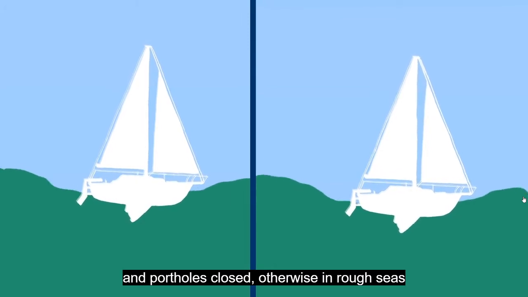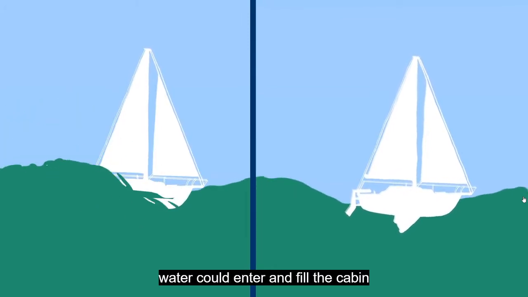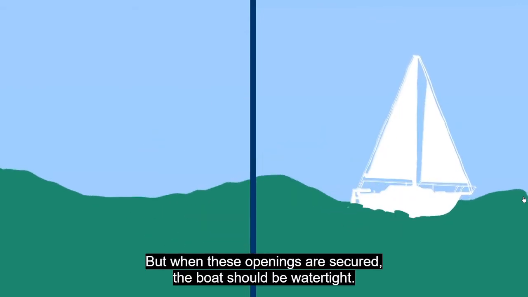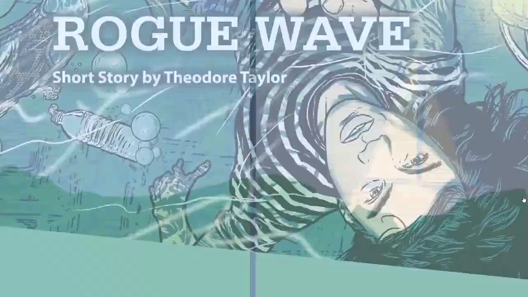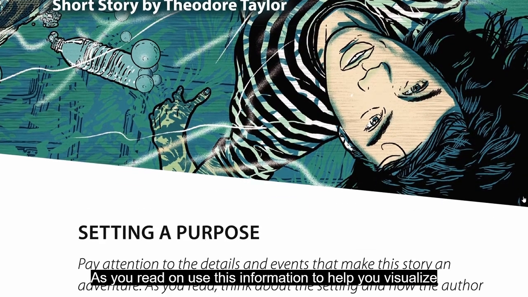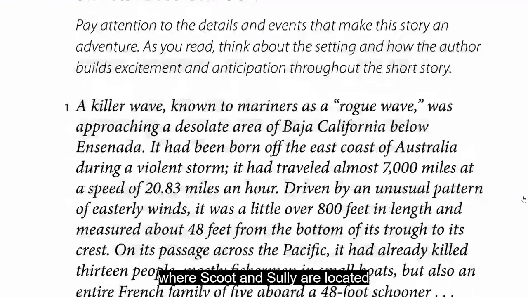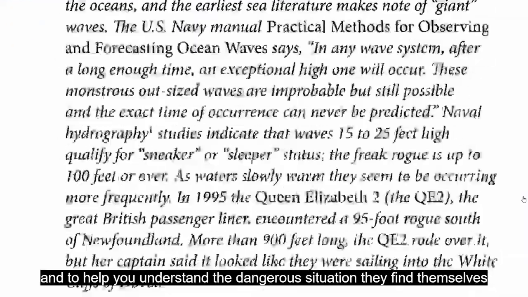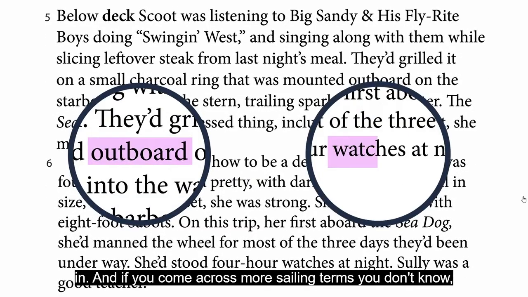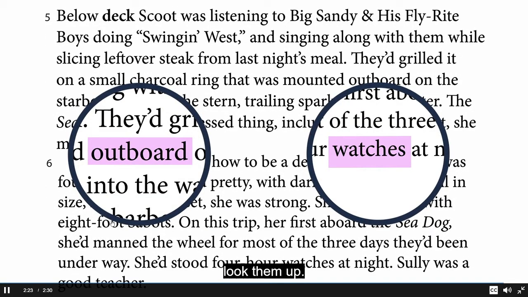Otherwise, in rough seas, water could enter and fill the cabin, and the boat might sink. But when these openings are secured, the boat should be watertight. As you read on, use this information to help you visualize where Scoot and Sully are located and to help you understand the dangerous situation they find themselves in. And if you come across more sailing terms you don't know, look them up.